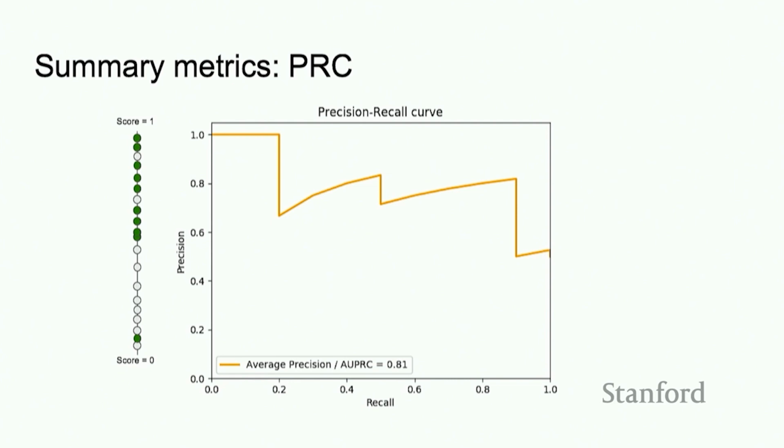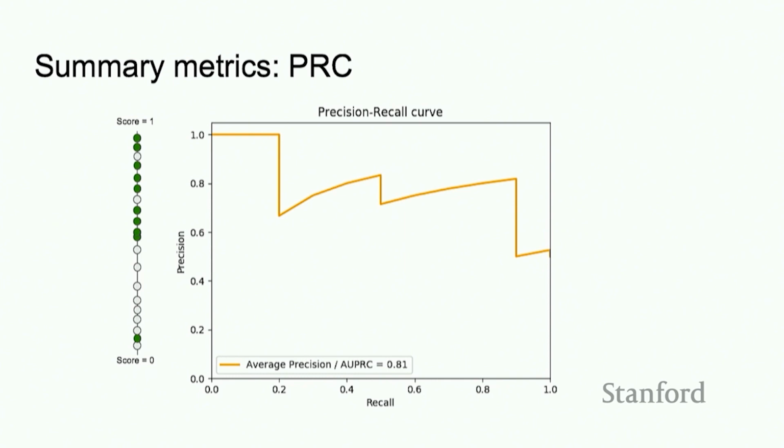You start with a threshold at 0.1, read off the precision and the recall values. You get a point, and then scan down the threshold a little bit, read the new precision and recall values. That's the next point, connected by a line. Next, bring down the threshold some more. You get a new precision and recall value, plot it and connect by a line, and finally you get a full curve that looks like this. And this is called the precision recall curve.